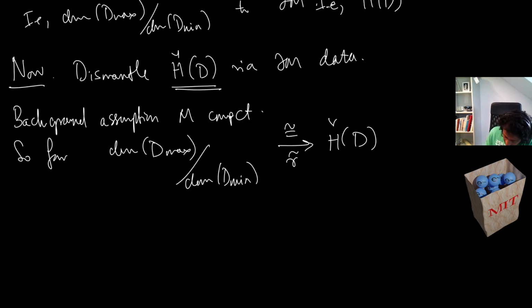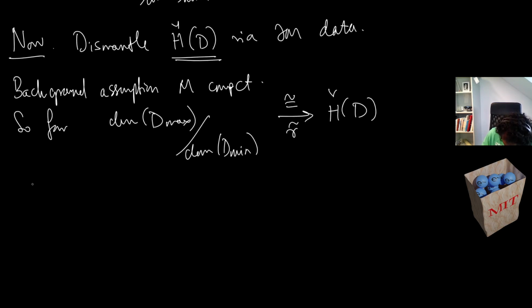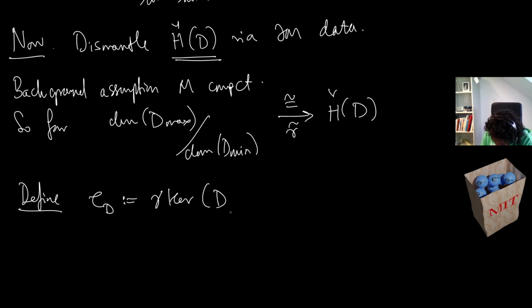Okay. Now let me define C of D, or script C of D. Define C of D to be gamma acting on the kernel of D max.